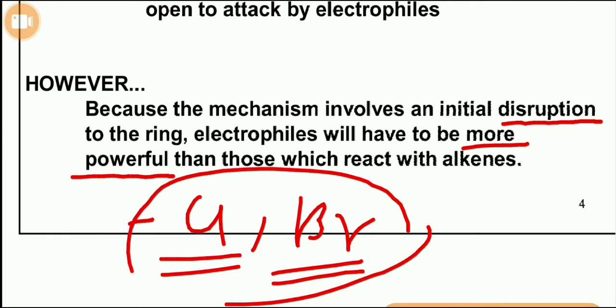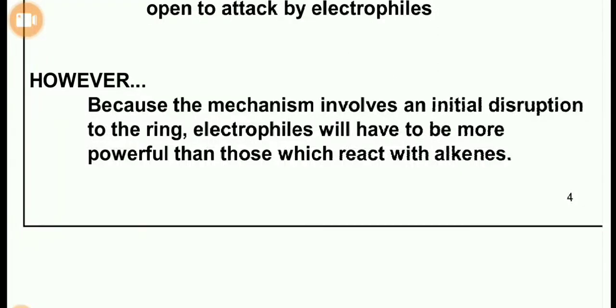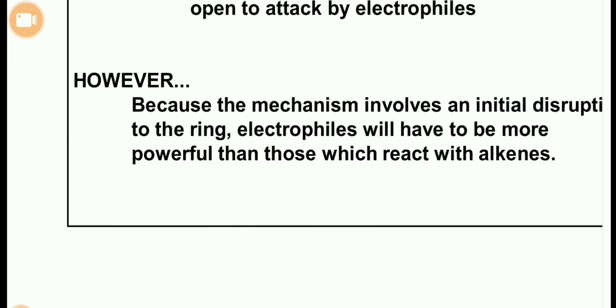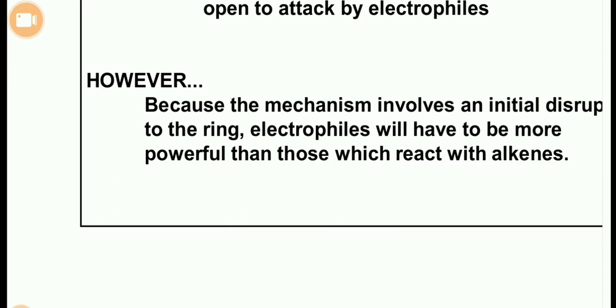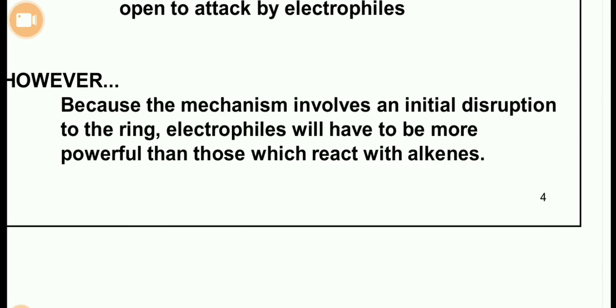It takes the help of some Lewis acids or some other mechanism. The mechanism involves an initial disruption to the ring, so electrophiles will have to be more powerful. The electrophile, the species that we are talking about, must be powerful, not a weak electrophile like those which react with alkenes.